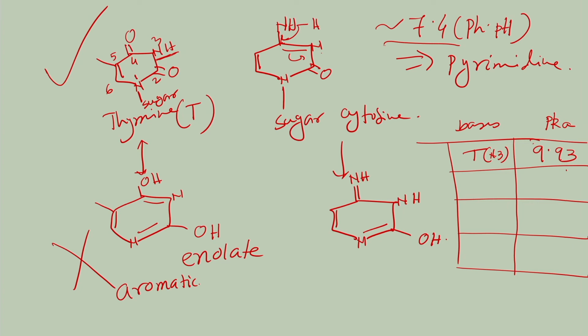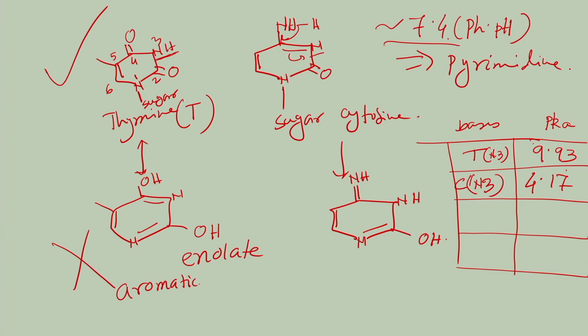Similarly, if you look at cytosine, cytosine also has N3, and that N3 of cytosine has a pKa value of 4.17. Again, this means that above 4.17 it will stay as the deprotonated form, and physiological pH is 7.4, which is already above pH 4.17.